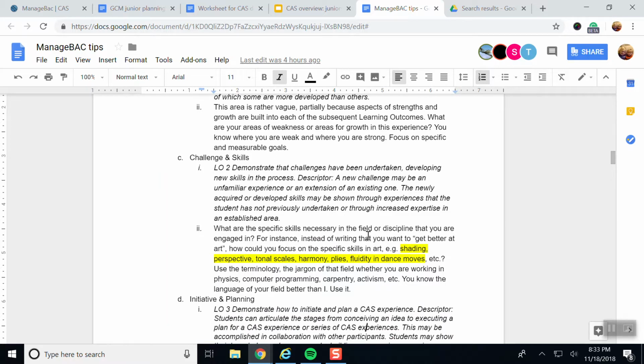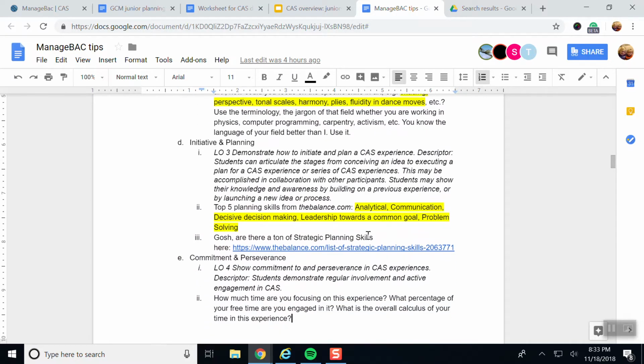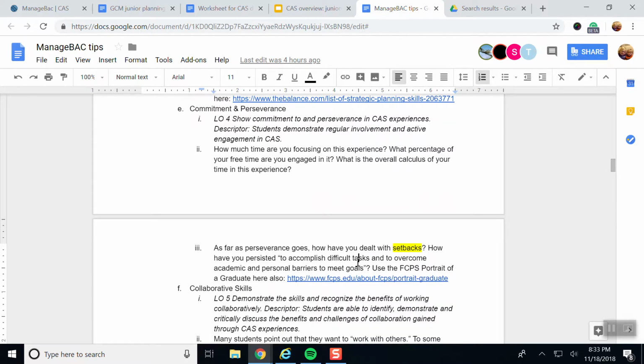You want to be very specific in using the language of that specific activity or experience. Here, initiative and planning. These are the top 5 planning skills from a website called thebalance.com. What are you doing to analyze, to communicate, to make decisions, to offer leadership, to solve problems? Commitment and perseverance. That also deals with setbacks and resiliency.